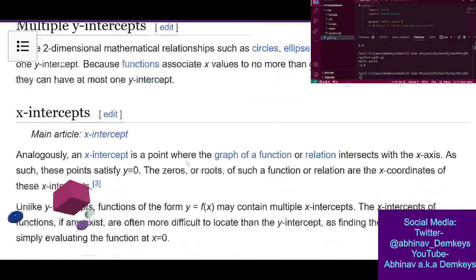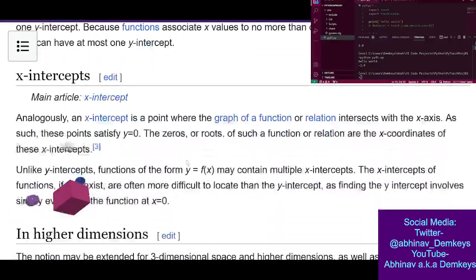Okay, multiple y-intercepts, x-intercepts. Analogously, an x-intercept is a point where the graph of a function or relation intersects the y-axis, which in that case, I guess y would be 0. Wait, did I say y-axis earlier? It intersects the x-axis.